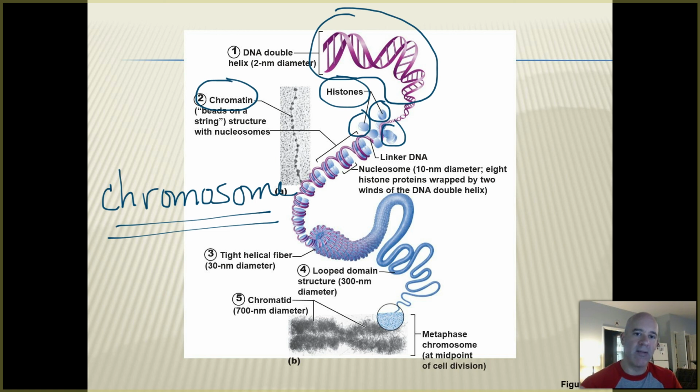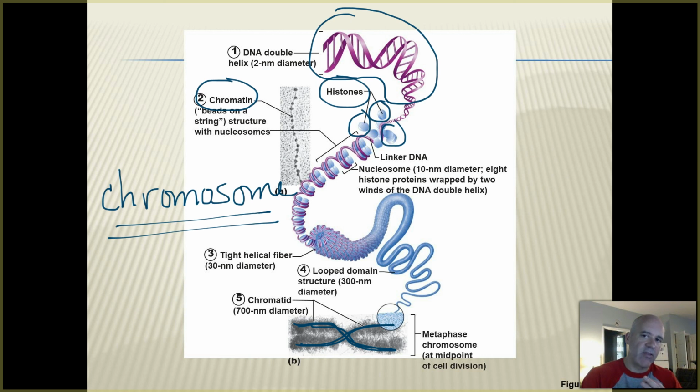And you got one set of 23 from your mom and one set of 23 from your dad when sperm met egg. And sometimes that term chromosome is used to describe, if you've ever seen pictures of chromosomes depicted like this in this kind of X type shape, that is super condensed down, tightly coiled DNA wrapped around proteins.